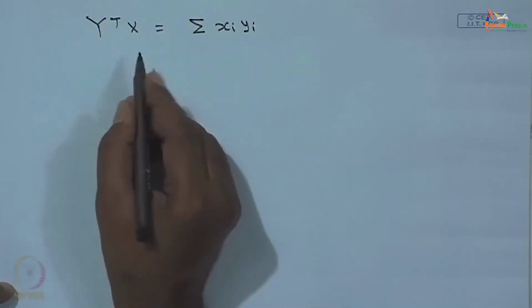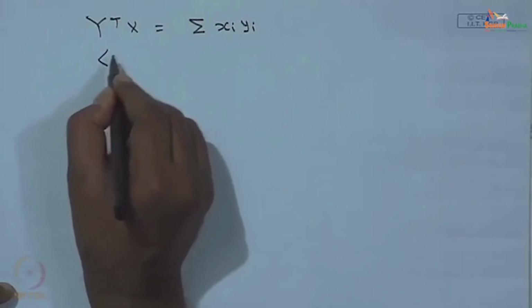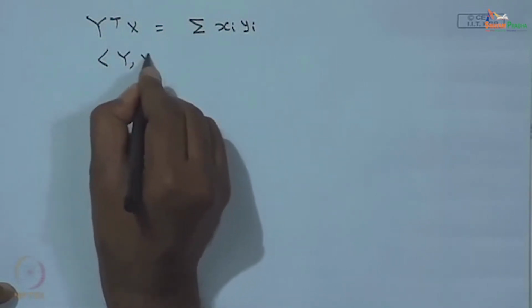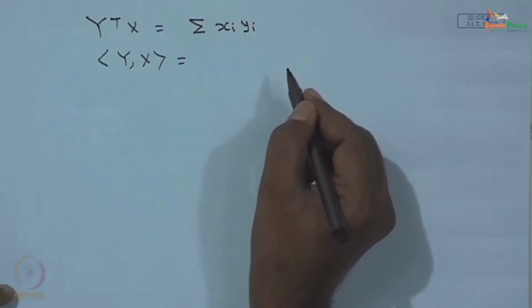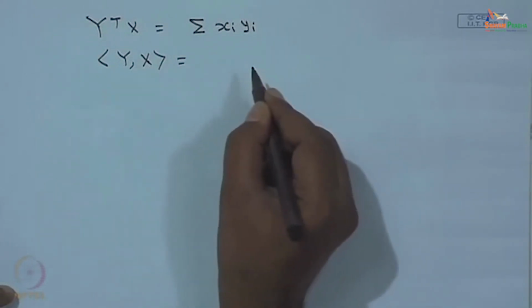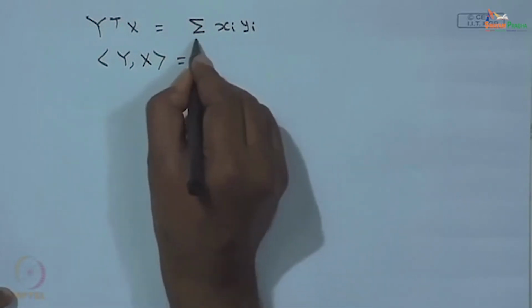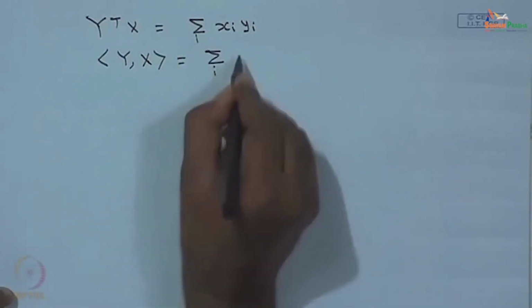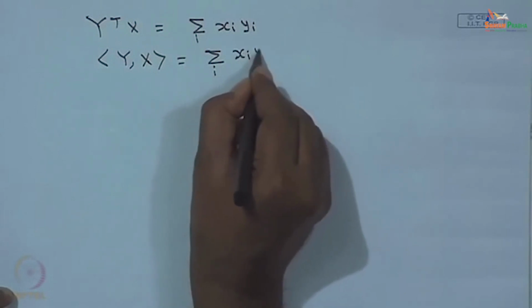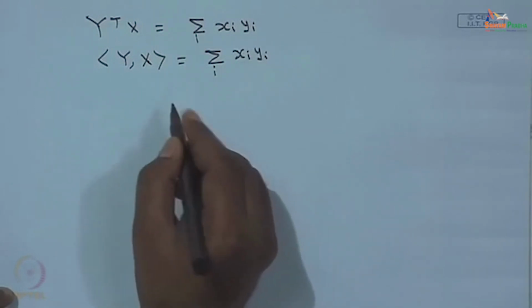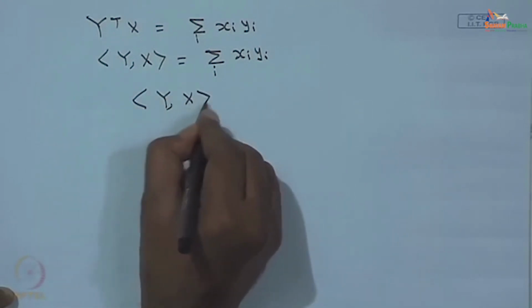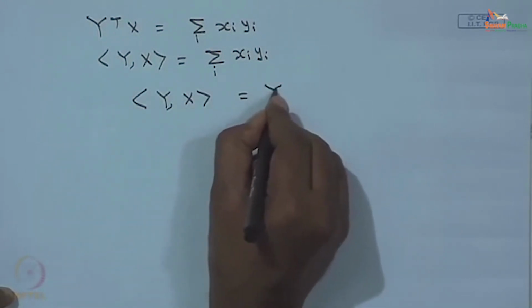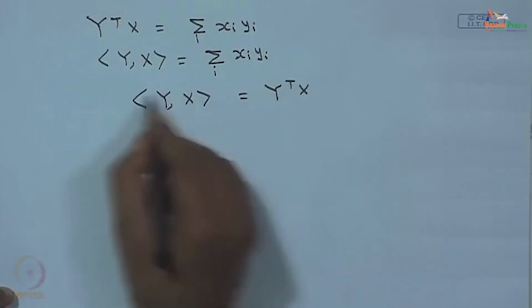If you remember the definition of inner product of vectors, we take up the corresponding elements of the vectors, multiply them and add them up. So, that also becomes summation of xi yi. Therefore, inner product of y and x is nothing but y transpose multiplied by x.